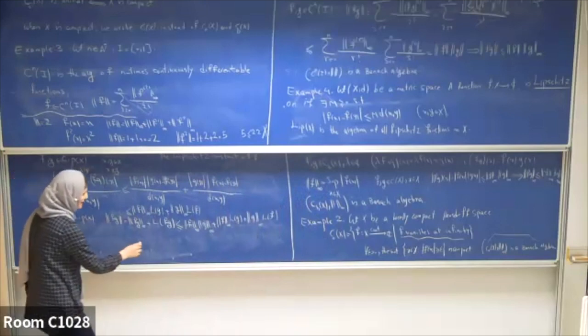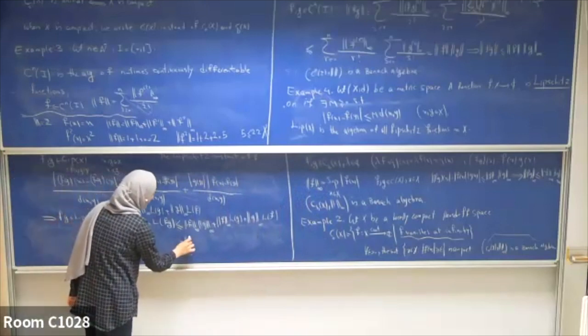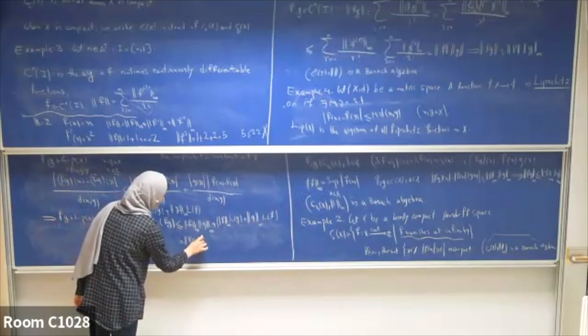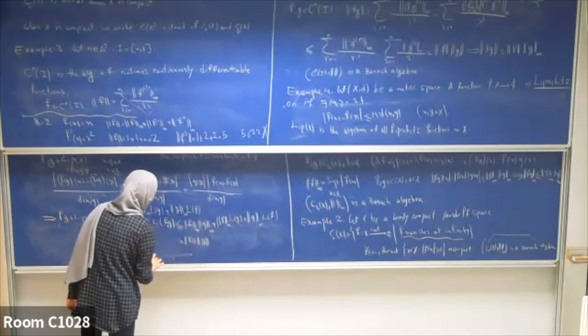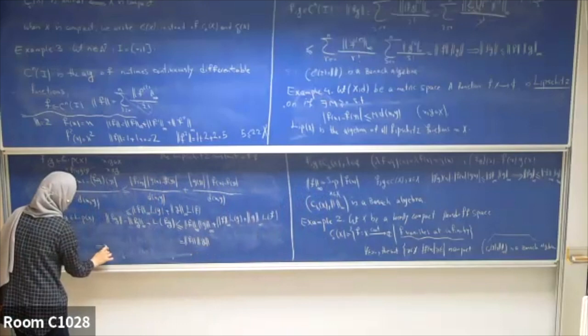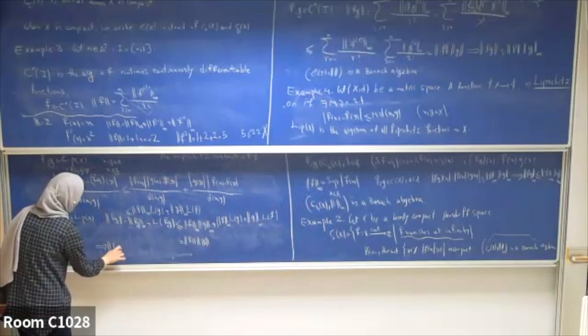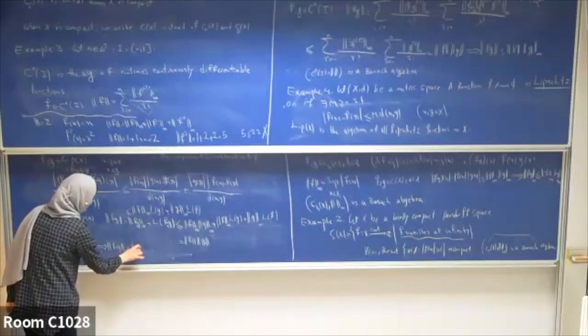And this is exactly the norm of f times the norm of g. And finally, we get the submultiplicative property.